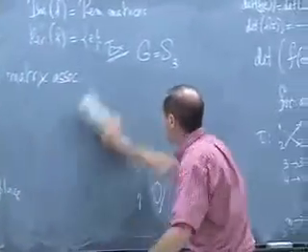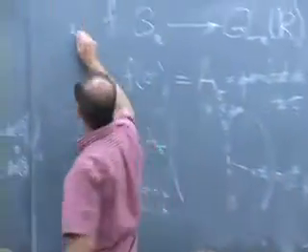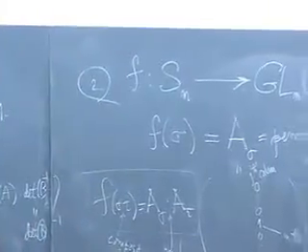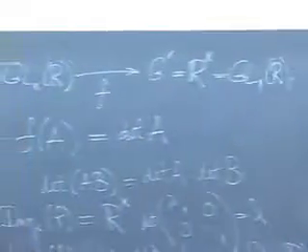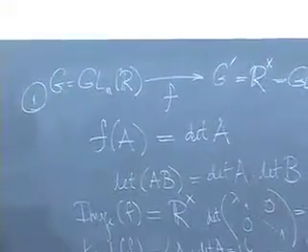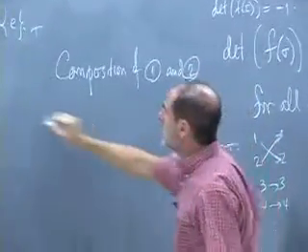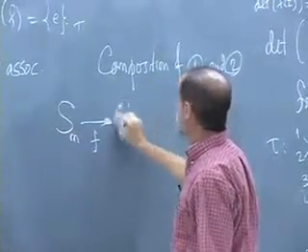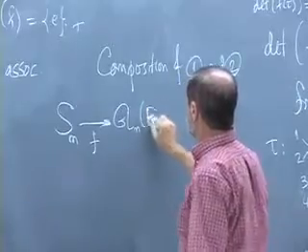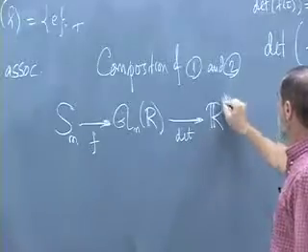We get a very interesting homomorphism. Let's call this one 1 and this one 2. The composition of 1 and 2 looks like this. First, you take the symmetric group by f into the general linear group, and then you compose this with the determinant homomorphism to R star.